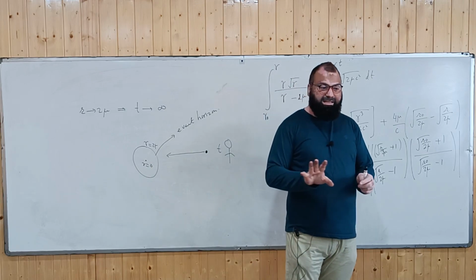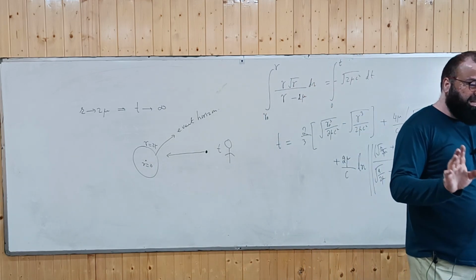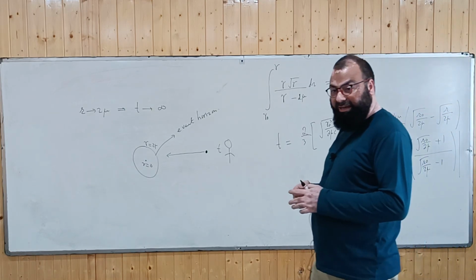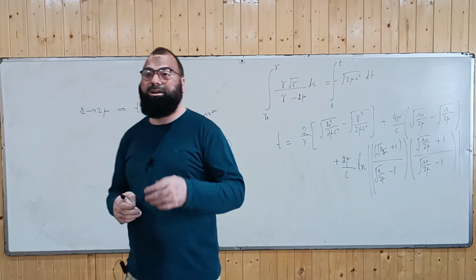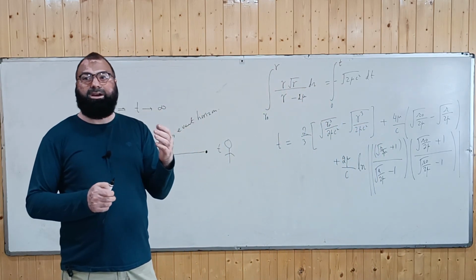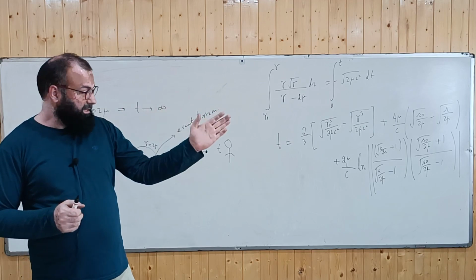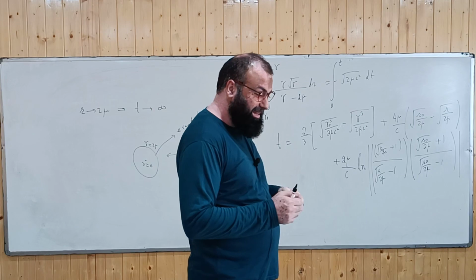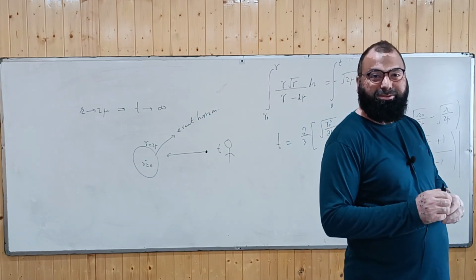For the time being, just relax. In the Schwarzschild geometry, or the Schwarzschild space-time, we have a surface r equal to 2 mu, which is not crossed by an observer. For an observer sitting at infinity, it takes an infinite coordinate time to cross r equal to 2 mu.